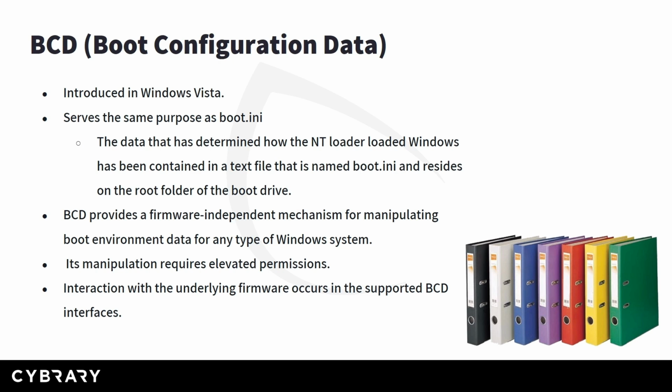The details of this process vary depending on the system's hardware and firmware and whether the system is booted from a disk drive, a network, or some other source. The data that has determined how the NT loader loaded Windows has been contained in a text file named boot.ini, which resides on the root folder of the boot drive. boot.ini contains a separate boot entry for each version or configuration of Windows that is available to the user.